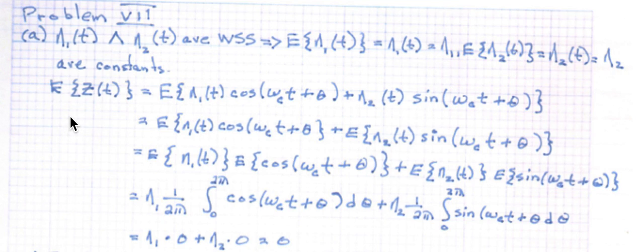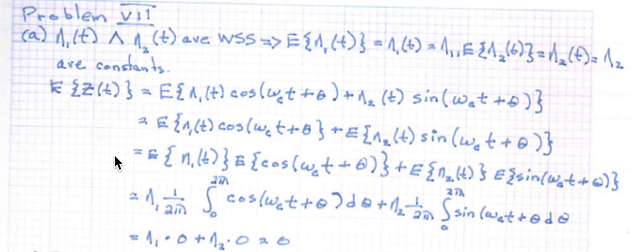The expected value for z of t is equal to the expected value of eta 1 of t, the cosine of omega sub c t plus theta, plus eta sub 2 of t times the sine of omega sub c t plus theta.